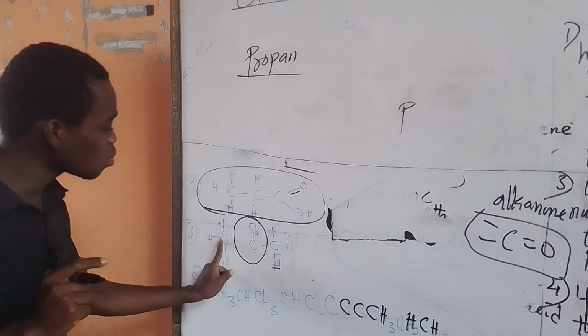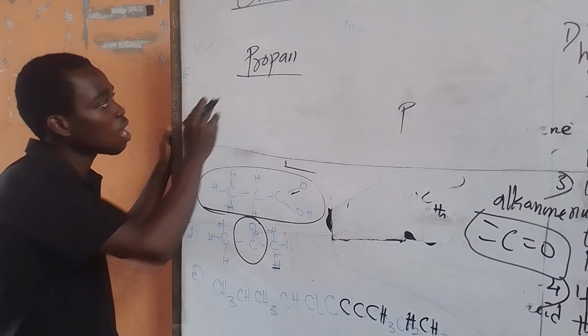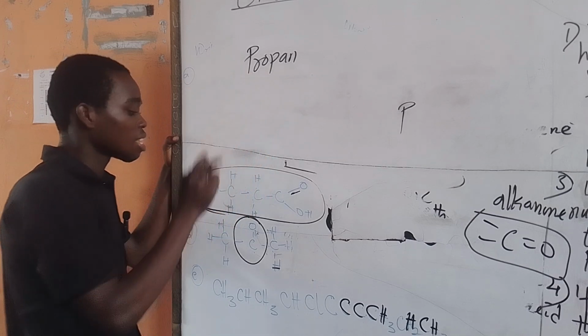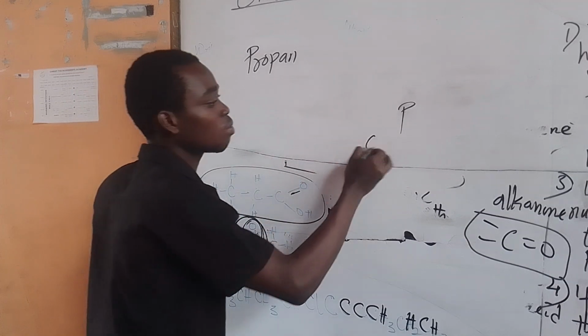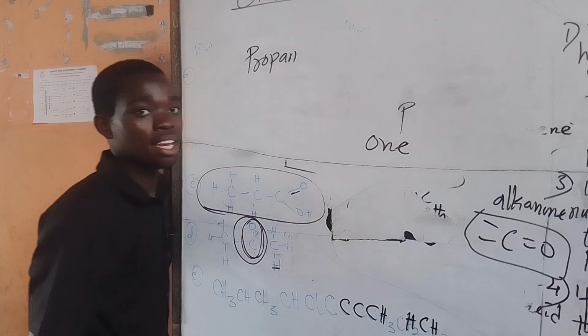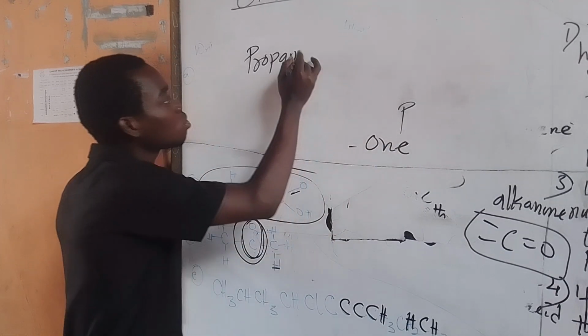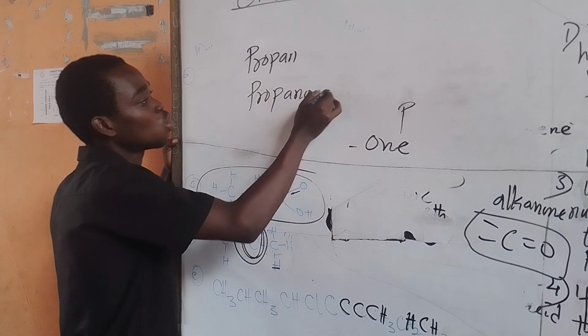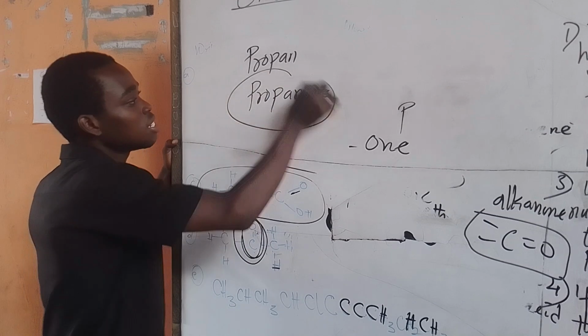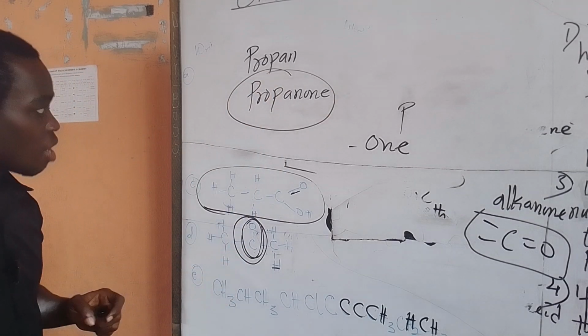So if I have 1, 2, 3, I'm going to have propan. Then this O is from alkanone, so I'll have -one. If I add this -one to propane, I'll have propanone.